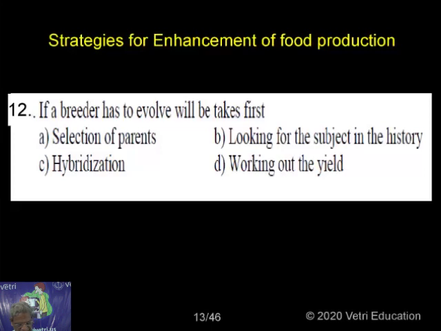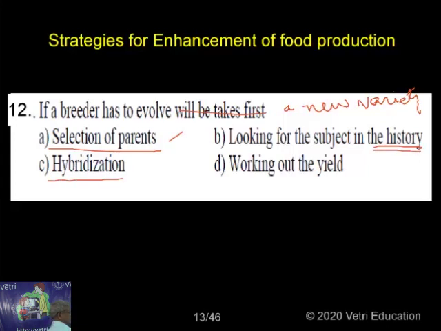If a breeder has to evolve a new variety, he has to select the parents, or he has to study the history of the plants, or he can do it only by hybridizing or working out the yield.